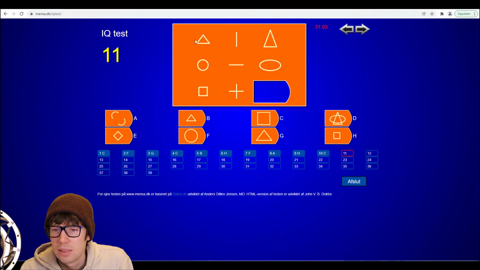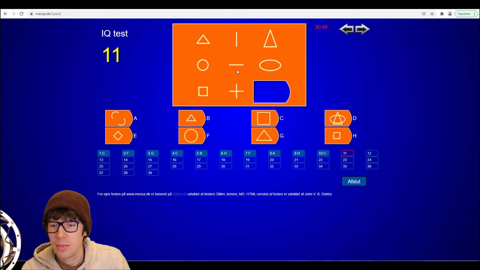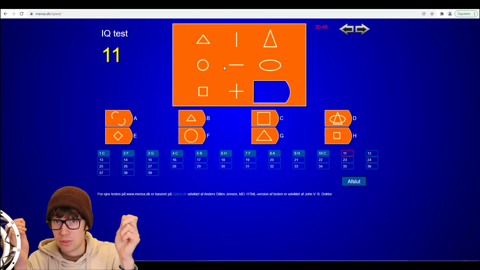We start off with the input, then a transformation we apply to the input, and then the output. So what I think this vertical line is telling us is to elongate vertically, and here to elongate horizontally.